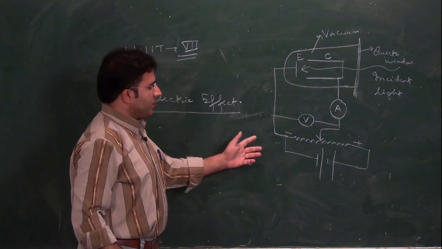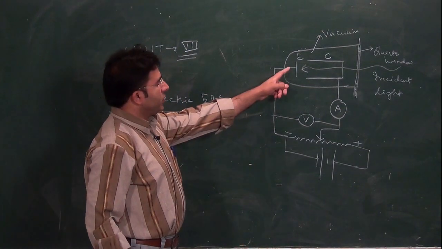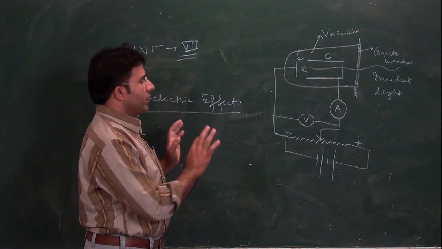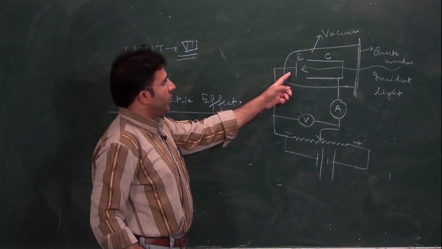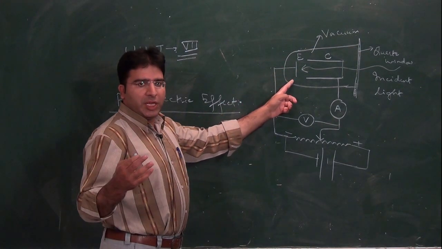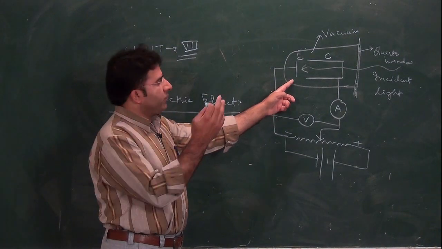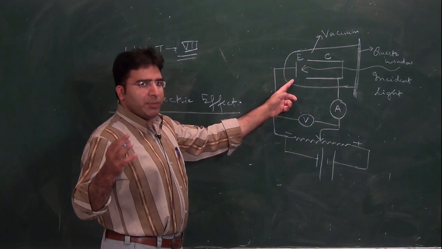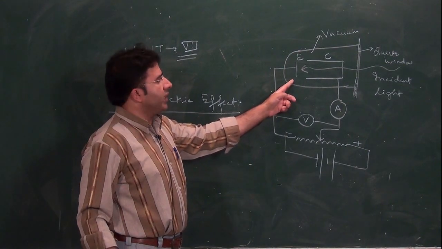The experimental setup is like this now. We have two electrodes. We want to study the photoelectric effect. For that we take two electrodes, one called emitter. The emitter is called emitter because ultimately the photoelectric effect will take place at the emitter. The emitter will emit electrons, which we call photoelectrons.